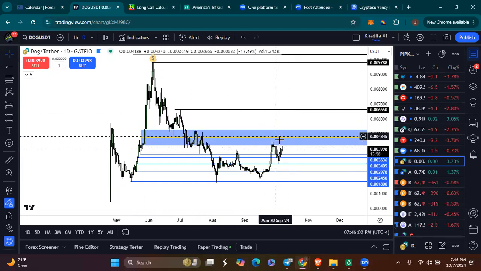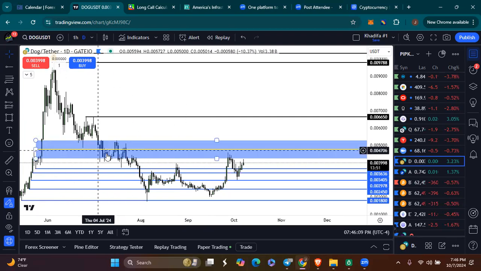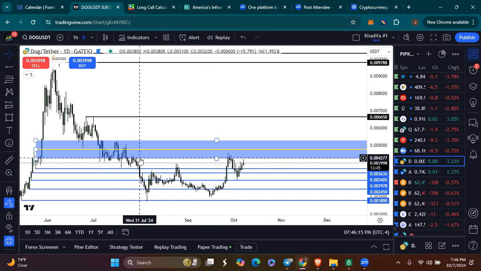I really want to see us get above this area of consolidation that we see here, or as me and my team call it, accumulation, right?